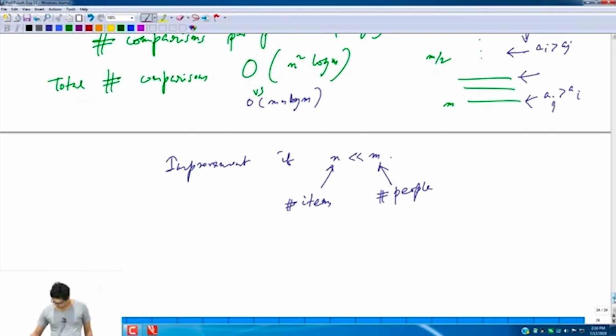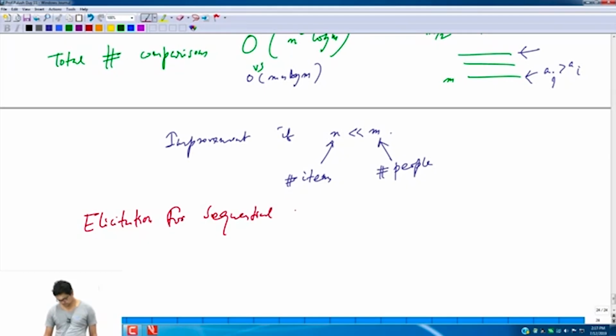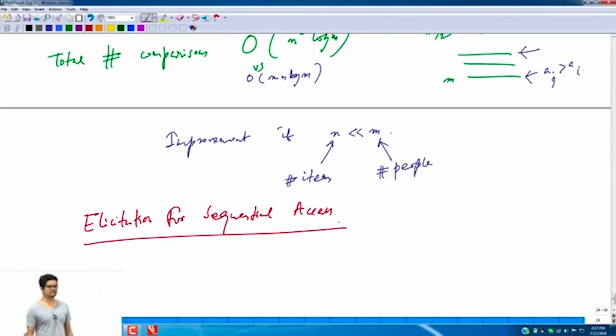So, elicitation for sequential oracles, sequential access. These oracles, these persons, you can access only sequentially, and obviously this algorithm does not work.